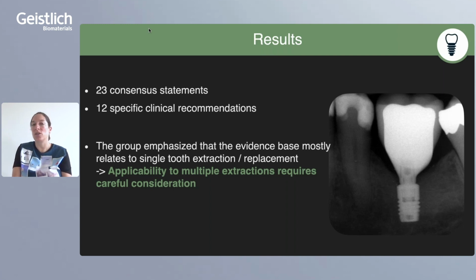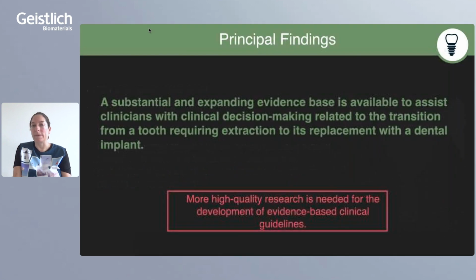So there is not a lot of evidence on multiple tooth sites. This also is quite important, I think, when talking about ridge preservation procedures and timing of implant placement. So the applicability of these data to multiple extraction sites requires careful consideration.